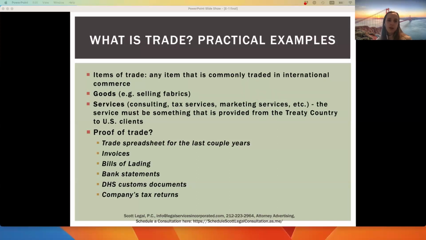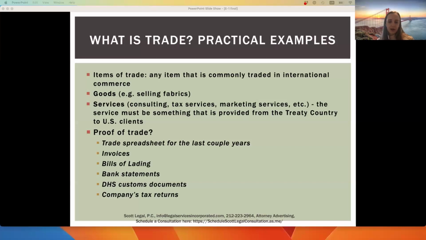So let's say that you are trading and you are thinking, what documents will I need to submit to show that there is ongoing trade between your home country and the US? One good thing to do always, if you are applying at a consulate, is to check the consulate's website, because different consulates have different preferences of what documents they want to see.